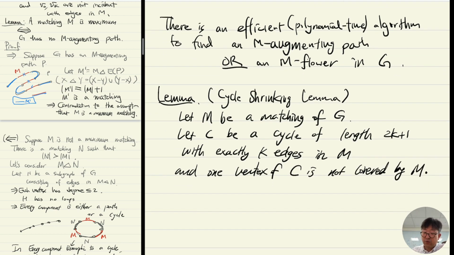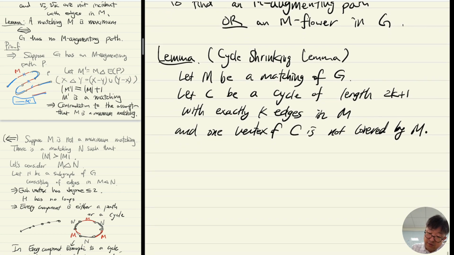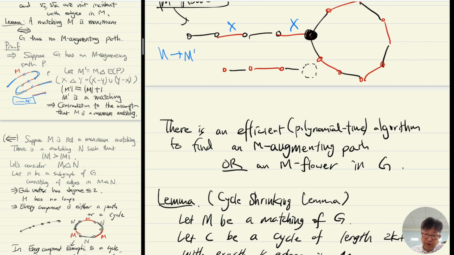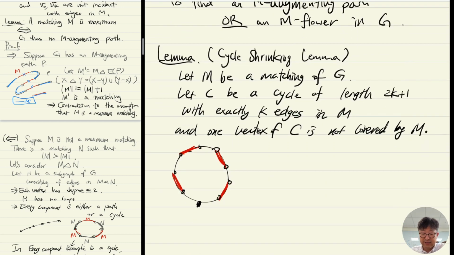Now in this case, what we're gonna do, right, we have a cycle, every other edge is in the matching, and there is one vertex, so this is the cycle, one vertex which is not covered by matching. So whenever we have a flower, we can augment to make a cycle like this. And what we're going to do is to contract this into one vertex.